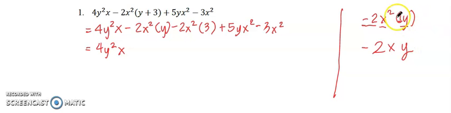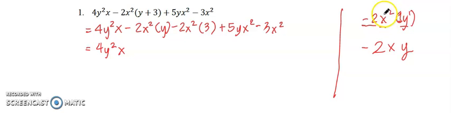After that, you copy the exponents of the variables. If there is more than one x variable, let's say x squared and another x raised to 1, then you add their exponents.